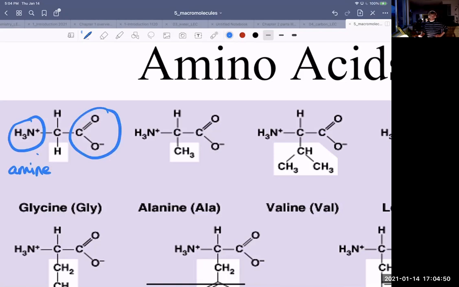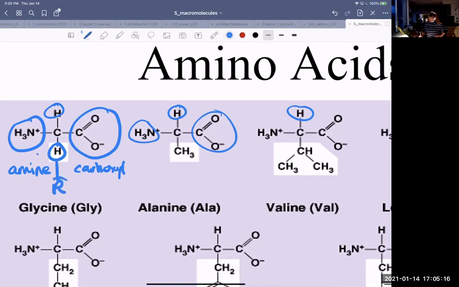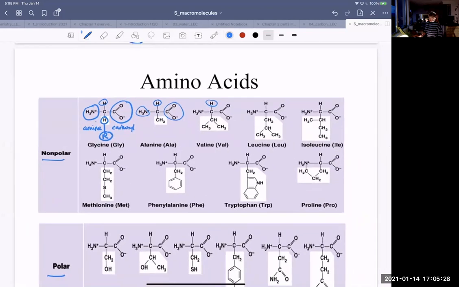It used to have the H there, but it doesn't anymore because it's dissolved. Is it carboxyl group? Marcus. Yes, sorry. I didn't see it come in. Carboxyl group, yes. And then the hydrogen, that's the same. So these 3 things are exactly the same for all amino acids. The only difference is this R group. It's called an R group. And that is what varies. And there's 20 of them. And it's the R group that gives amino acids their particular properties, such as being nonpolar or polar.